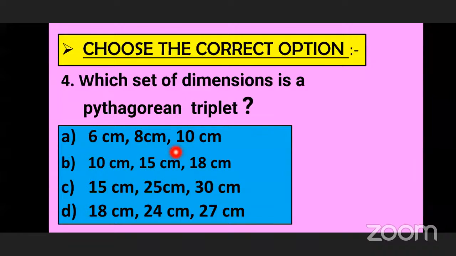You have to check it by taking the square of 10. 10 square equals 8 square plus 6 square. Anybody get the answer? Are you trying, children? Yes, miss. Okay, okay.